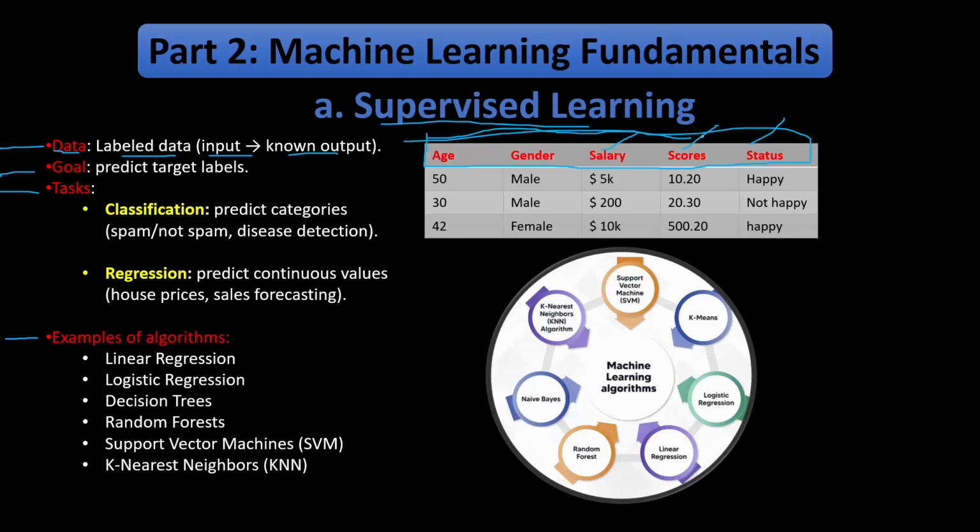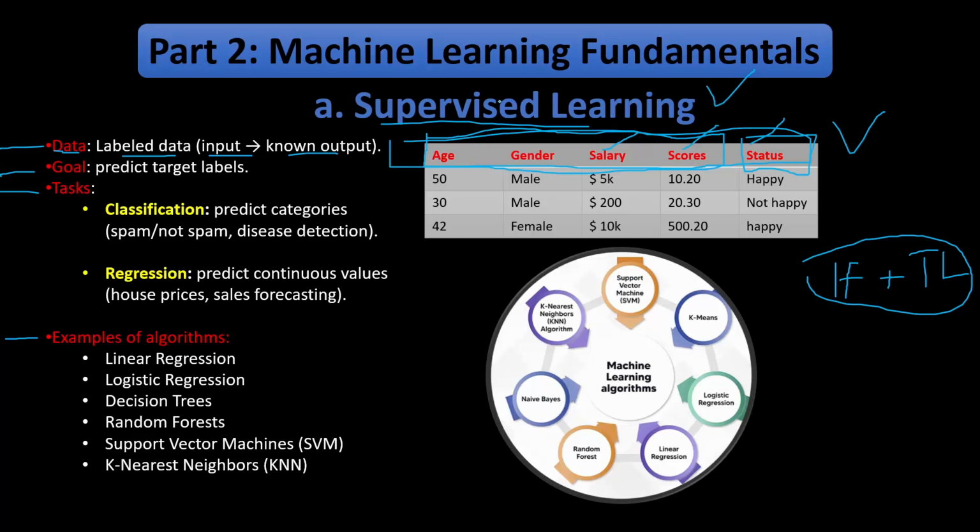Now age, gender, salary and scores are the input features that the ML model will use for learning, and status is the target column or label that the ML model aims to predict. So in this data we have two things: input features plus a predefined target column or target label. If you have these two things in any type of data set, then this problem automatically becomes supervised learning.